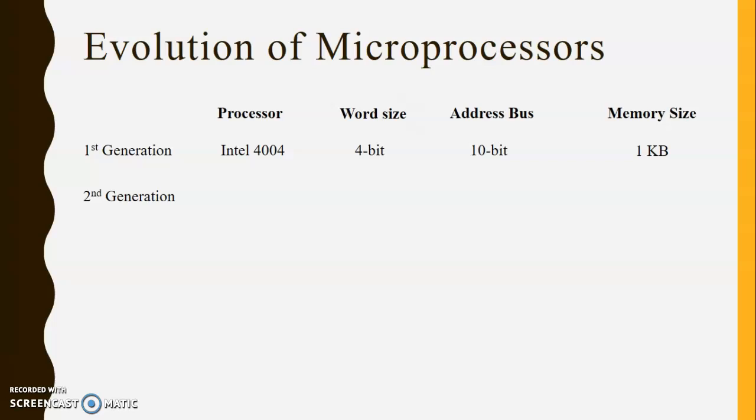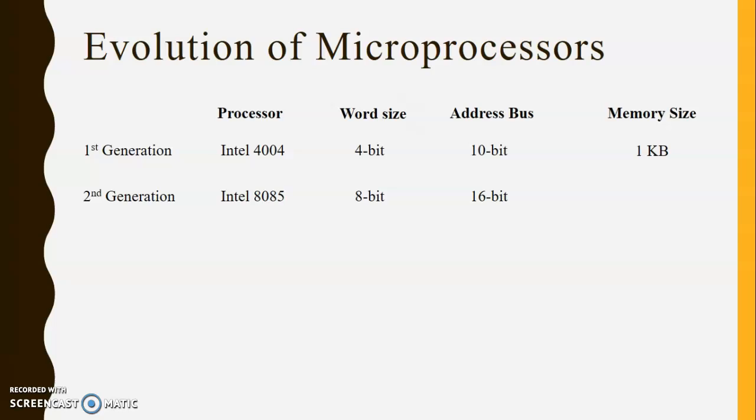Then came second generation microprocessor, the example for which is Intel 8085. Data bus of 8085 is 8-bit, making its word size 8-bit, while the address bus of 8085 is 16-bit.